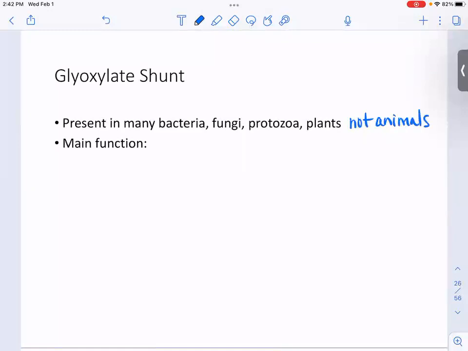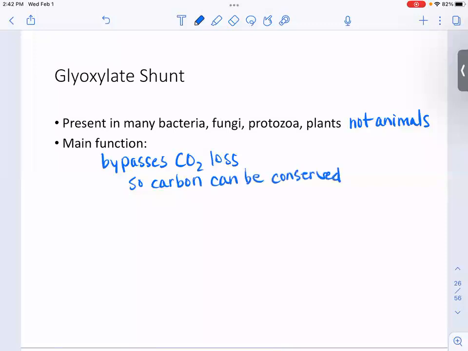The main function is that it bypasses the CO2 loss, so that carbon can be conserved and used as a precursor, often to make sugars, but it could be something else as well.